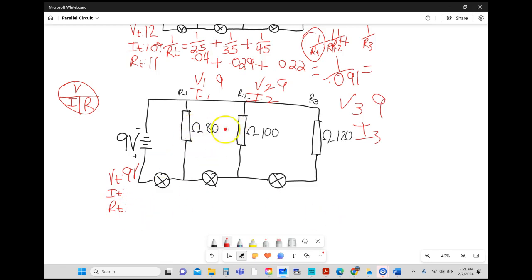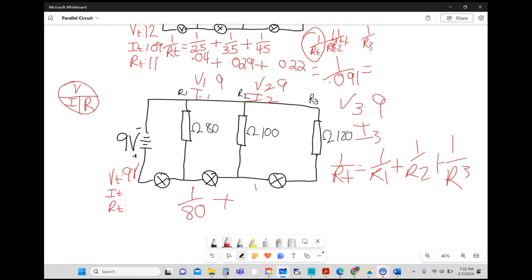Then we got to do that crazy equation, right? And that one is equals R1 plus R2 plus R3, right? So then that's 1 divided by 80 plus 1 divided by 100 plus 1 divided by 120. Okay? You're going to get decimals.